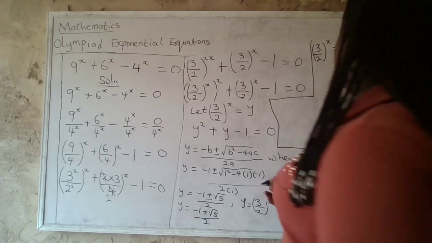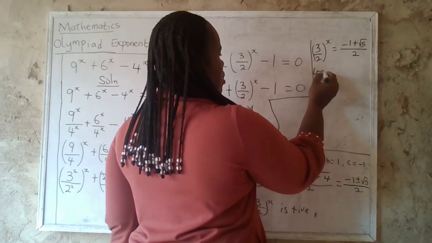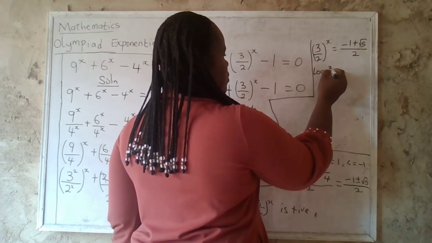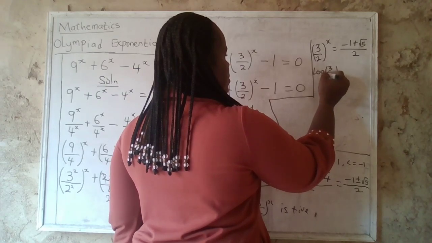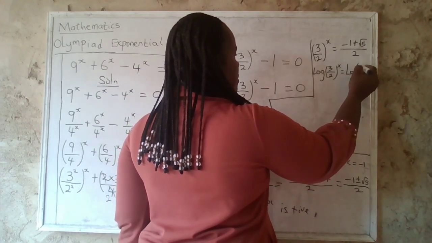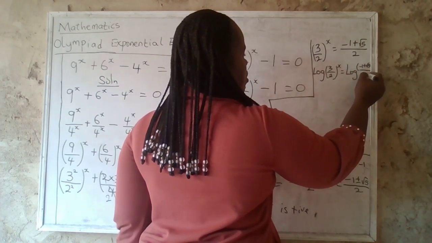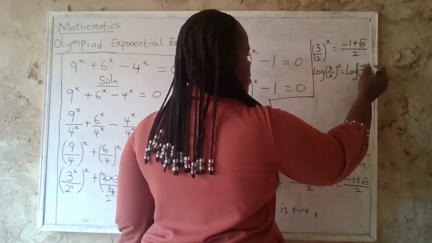Now, taking logarithm of both sides, we have log of 3 over 2 all raised to power x to be equal to log of minus 1 plus root 5 all over 2.